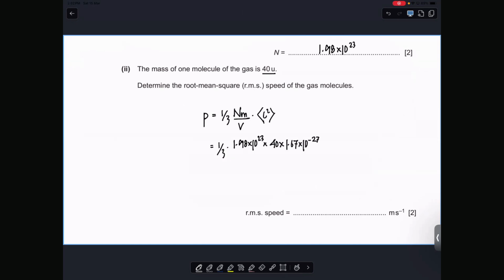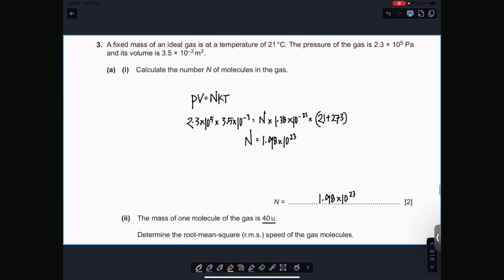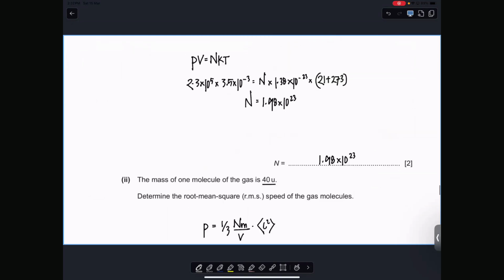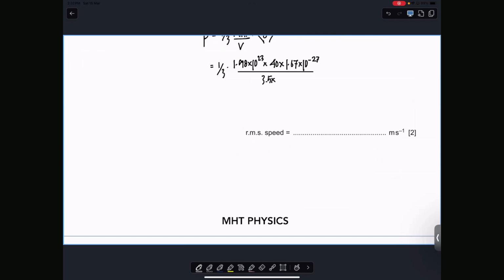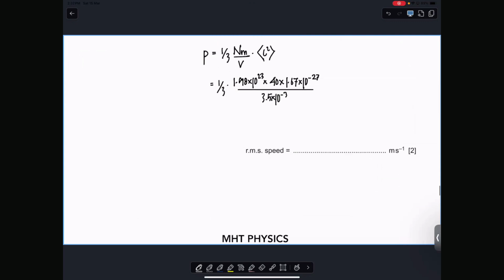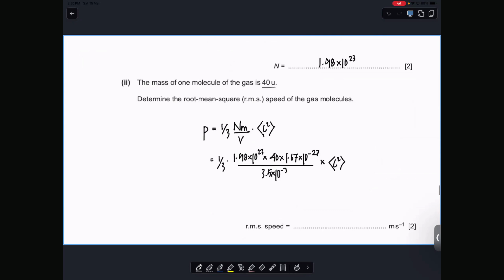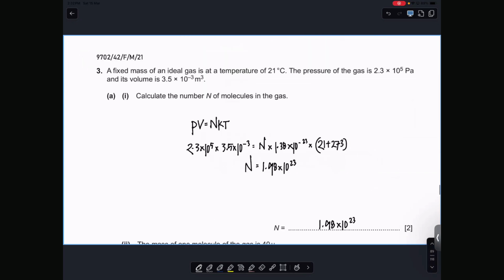That's called the atomic mass unit. Divided by the volume, which is 3.5 into 10 to the power minus 3, into c square. They want RMS, so they're not looking for c square. What they're looking for is c, right? The pressure is 2.3 into 10 to the power 5.